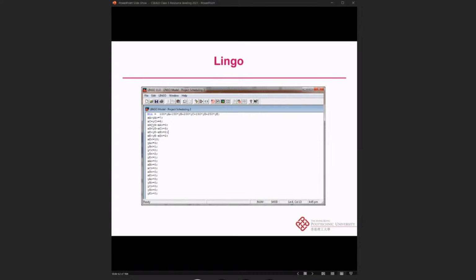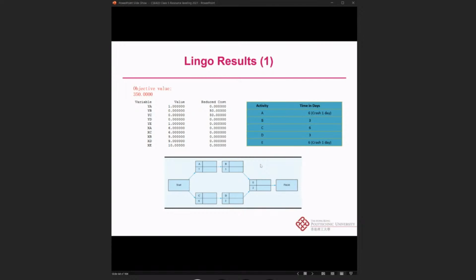And finally, we can also go to LINGO. We put in the min here for the objective function, and we put in all the constraints here. Then you can find that the answer tells us that activity A should be crashed for 1 day and E crashed for 1 day.